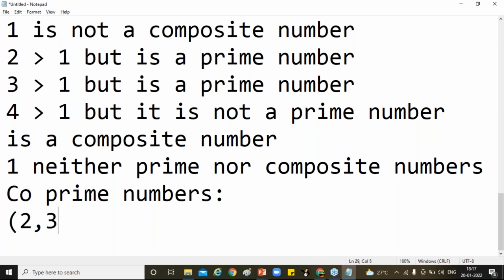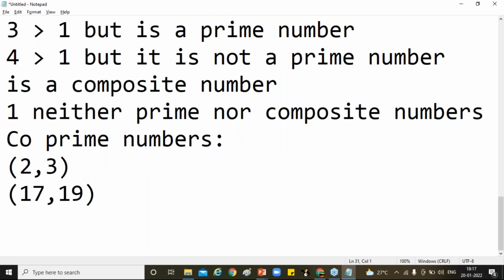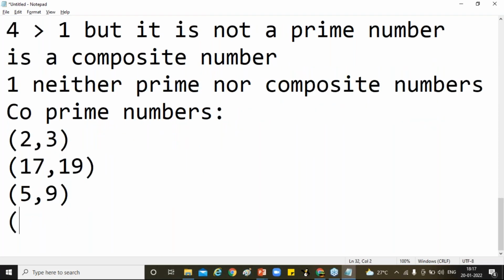Like 2, 3, or 17, 19, or 5, 9, or 9, 24. Please understand the highest common factor between 2 and 3 is equal to 1.